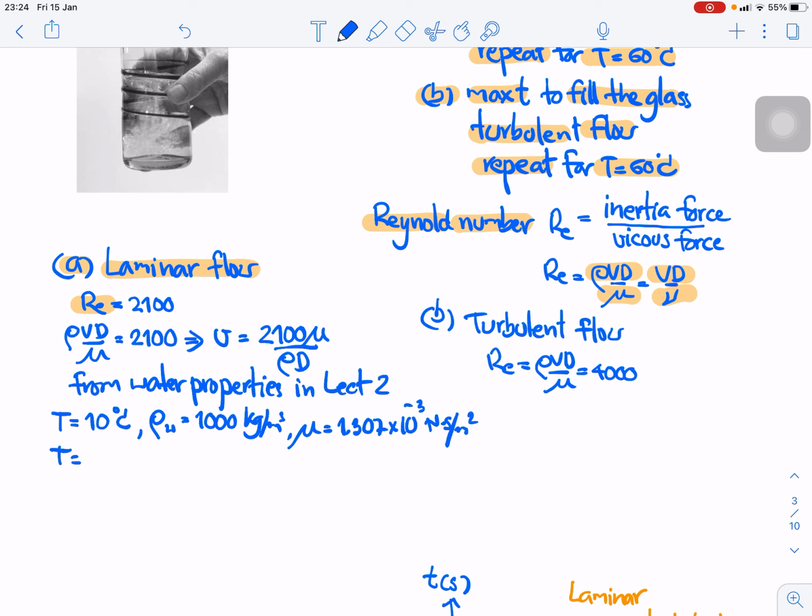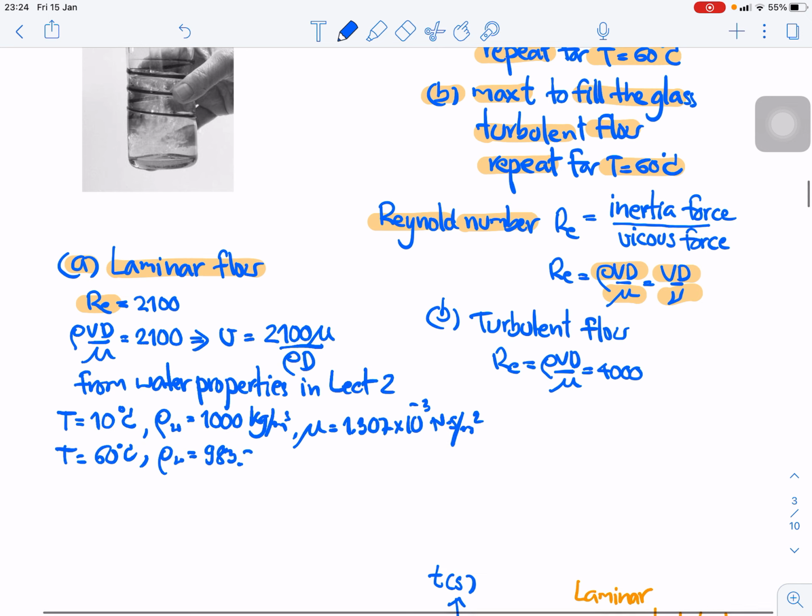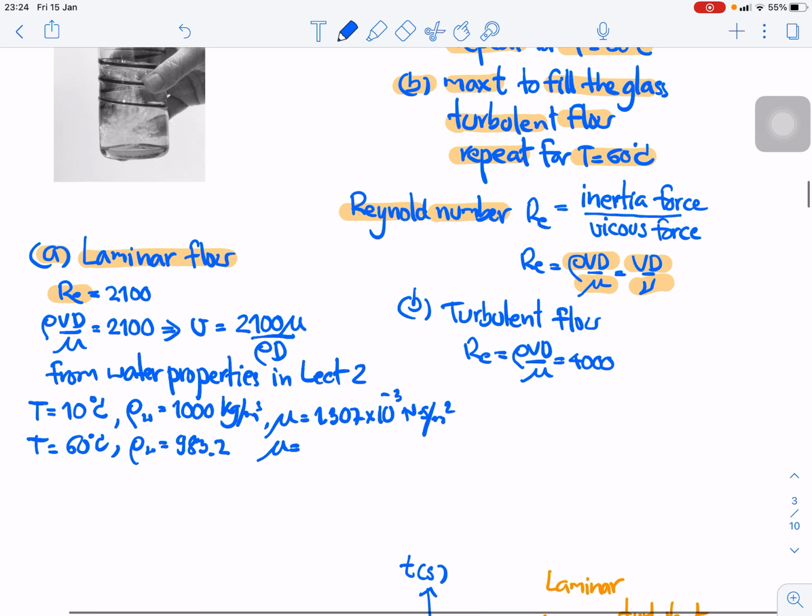And at T equal to 60 degrees, the density is lowered to 983.2, and mu is smaller, 4.665 times 10 to the power minus 4.